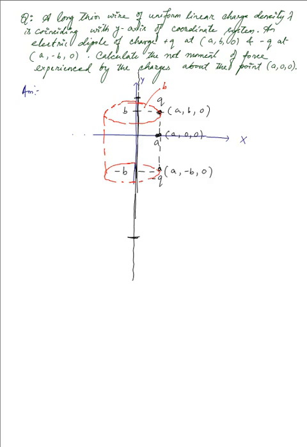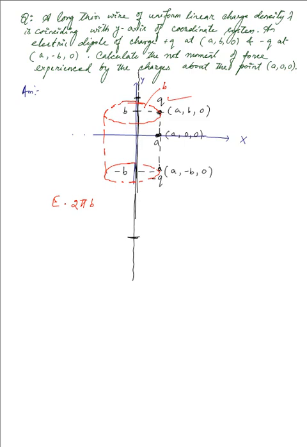So let's say for this charge at this point, the electric field intensity at a perpendicular distance, from Gauss's law, we have E dot the entire surface area that is concerned, that is 2 pi r, here r is the radius, which is b, times the length.